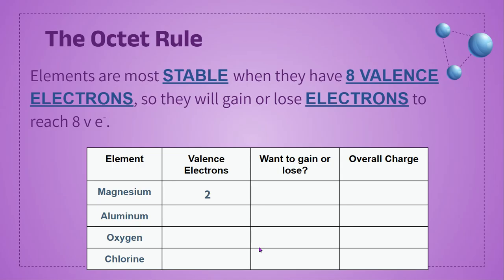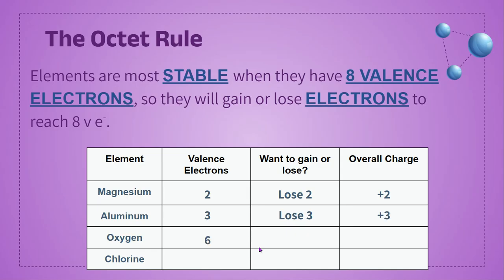In the case of magnesium, it would give away 2 electrons because that would eliminate that outermost energy level, and then the next energy level in would have 8. So magnesium is going to want to lose 2 electrons, and if it does, it's going to have a +2 charge. Aluminum is in group 13 and has 3 valence electrons, so it is going to want to lose those 3 valence electrons, giving it a +3 charge.